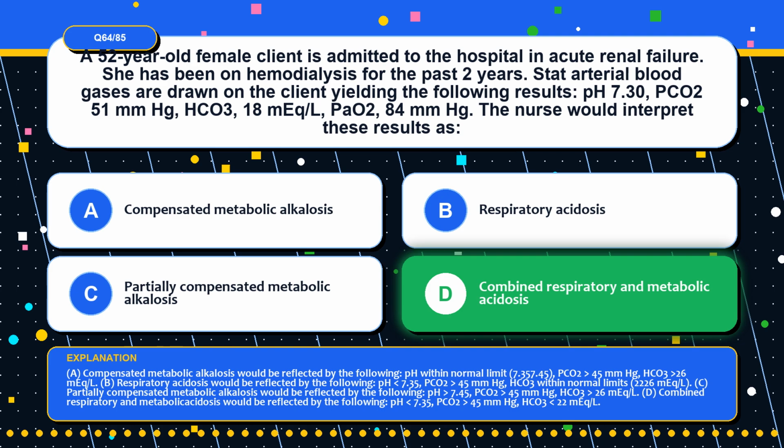C. Partially compensated metabolic alkalosis would be reflected by the following: pH 7.45, PCO2 45 mmHg, HCO3 26 mEq/L. D. Combined respiratory and metabolic acidosis would be reflected by the following: pH 7.35, PCO2 45 mmHg, HCO3 22 mEq/L.